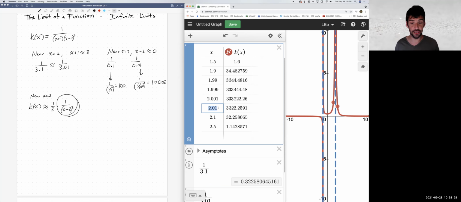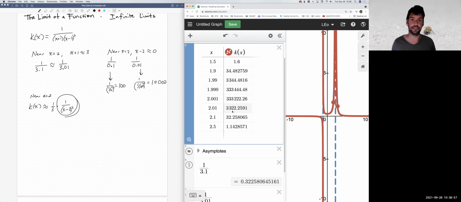You get 10,000 divided by 3, which would give you 3,333.3333. We're not quite 1/3 because this first factor isn't exactly 1/3, and we get something really close to that, right? And so as we keep getting closer to 0, that 1/3 doesn't do much, but that second factor explodes. A similar thing happens at x equals -1. I'm going to leave that analysis up to you to think about what's going on with the values there.